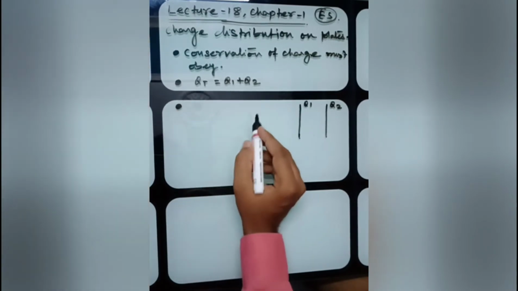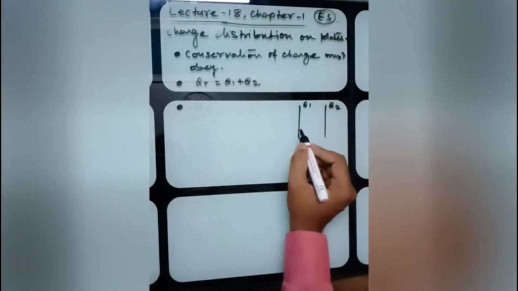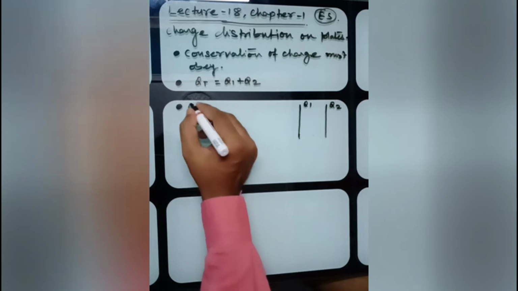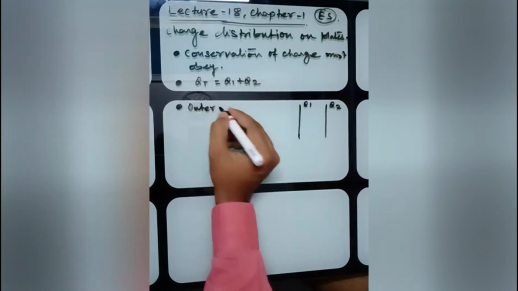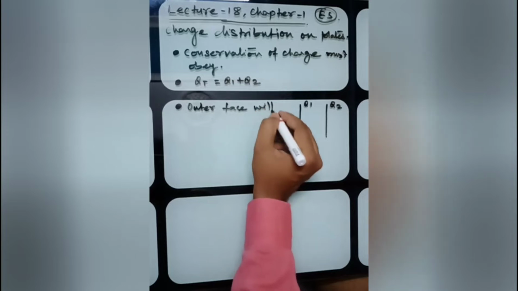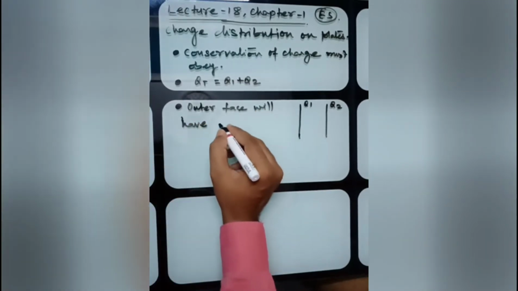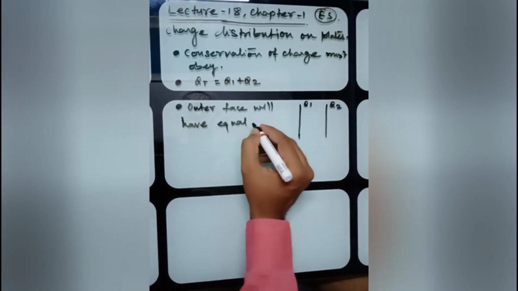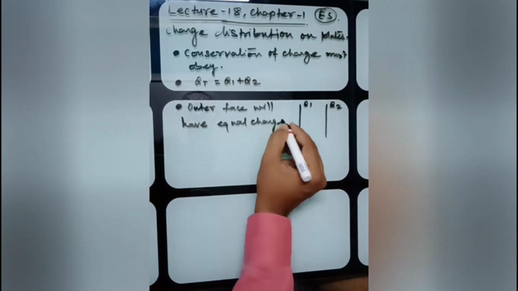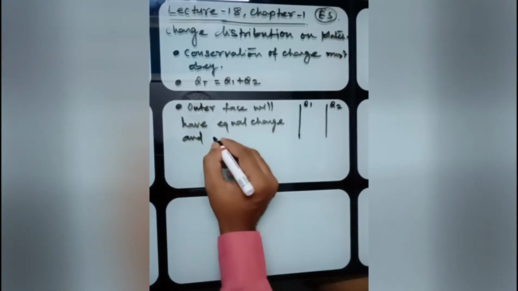Now the average charge will be distributed on both the outer faces, which will have equal charge and same nature.